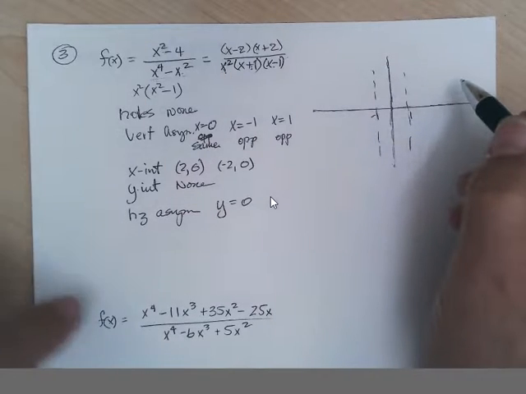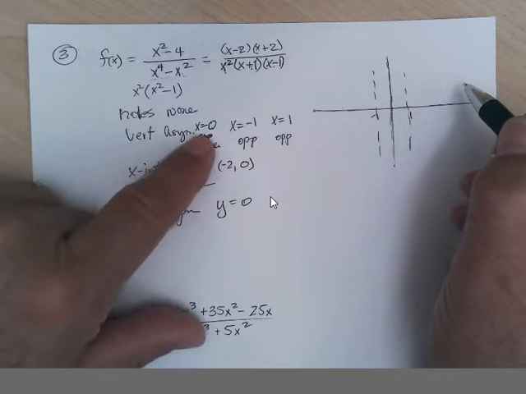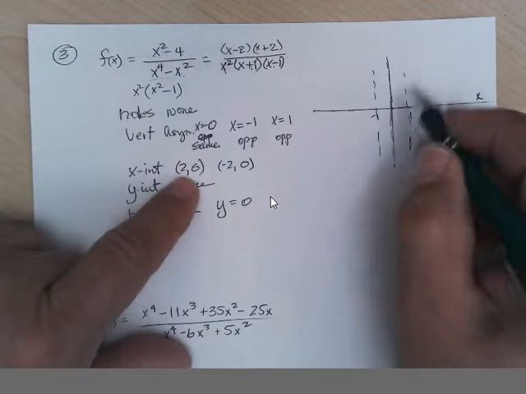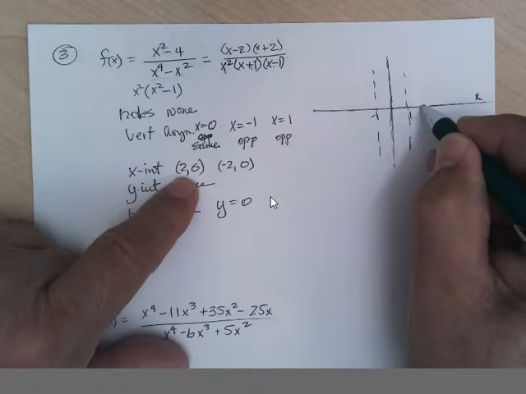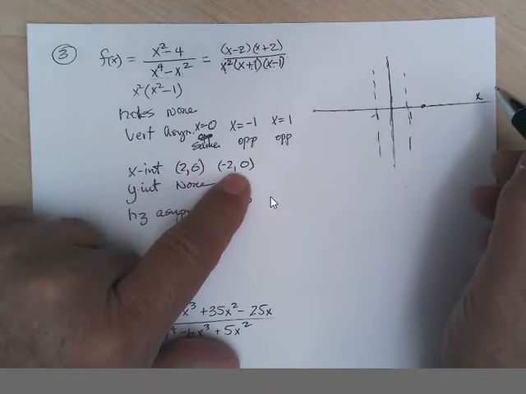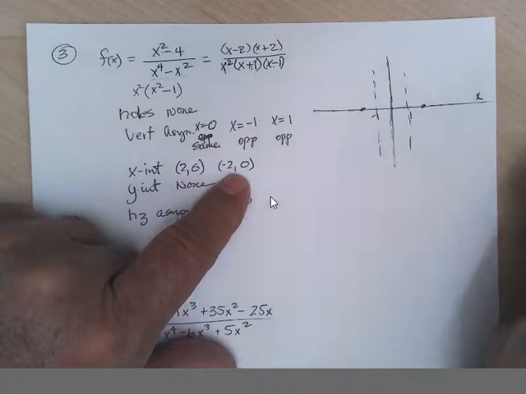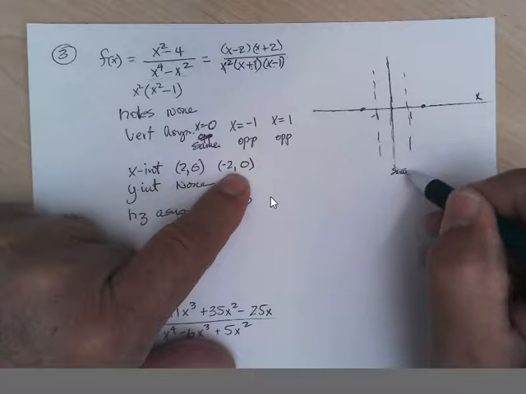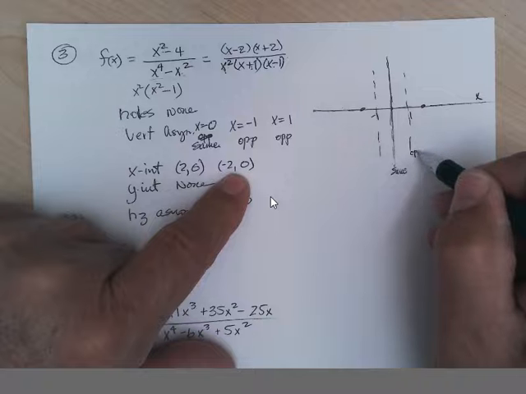And so now, let's put some of this information on there. I've got the asymptotes on. I got an x-intercept at 2, 0. I have one at minus 2, 0. And I know that it goes in the same direction at this asymptote and opposite here.